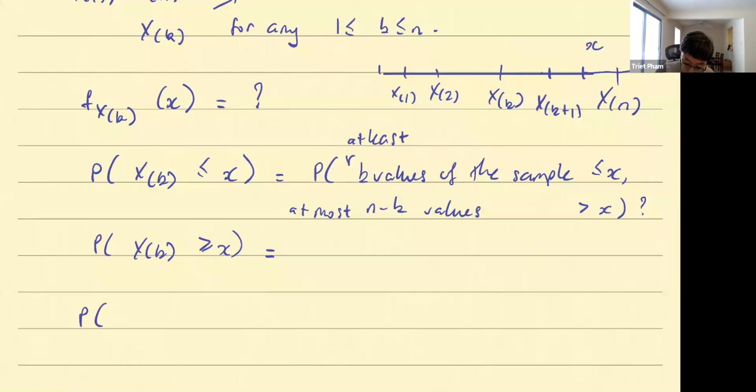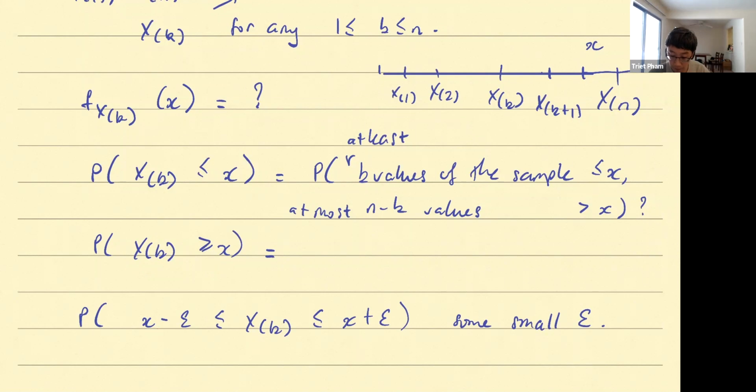For the kth order statistics, because of this, what you want to do is isolate the kth order statistic around x, below and above. Okay, so the picture is something like this.